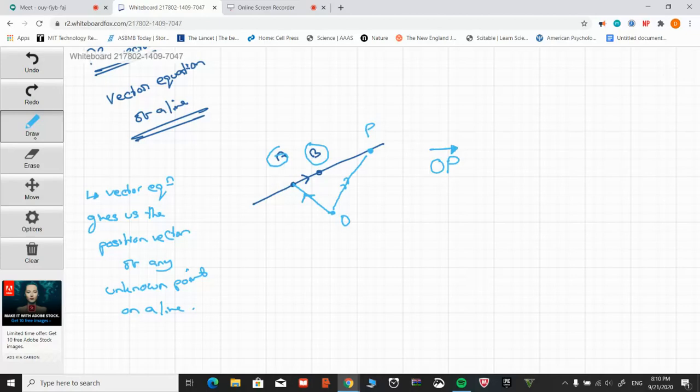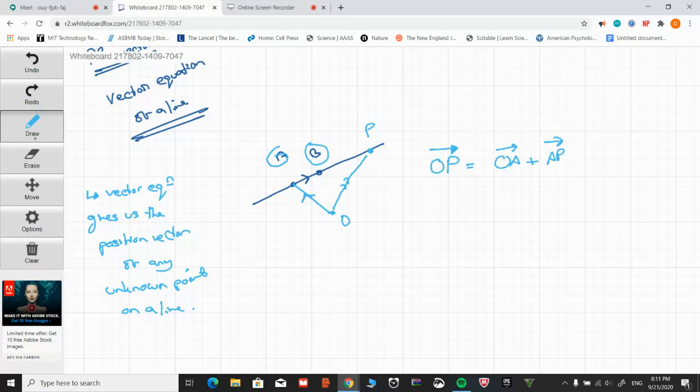All right, so let's say you want to figure this out. One way to think about this is the vector OP may be thought of as OA, from O you go to A, plus from A you go to P.